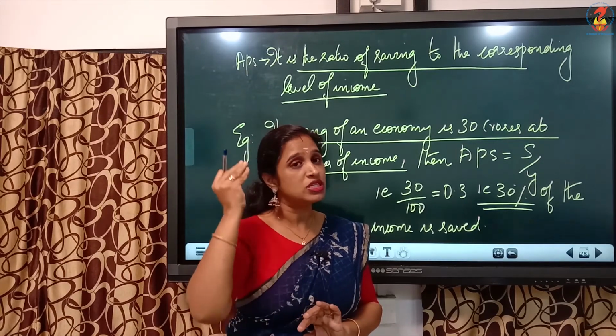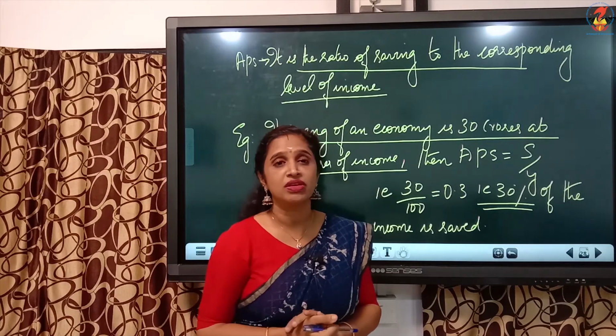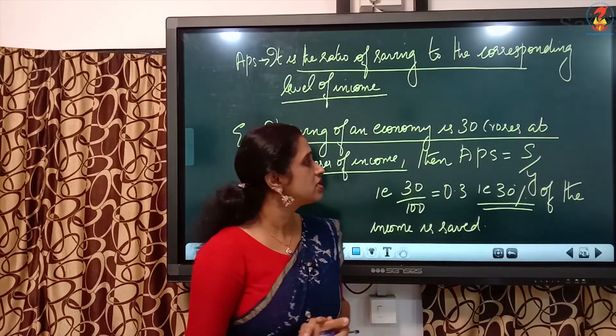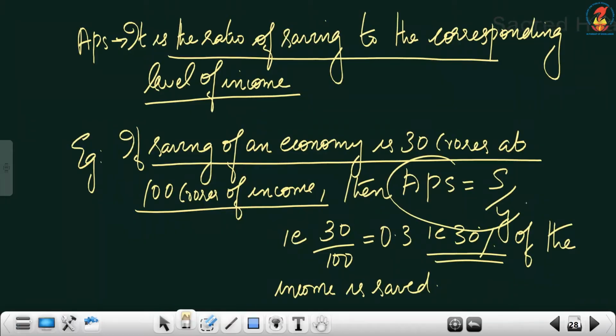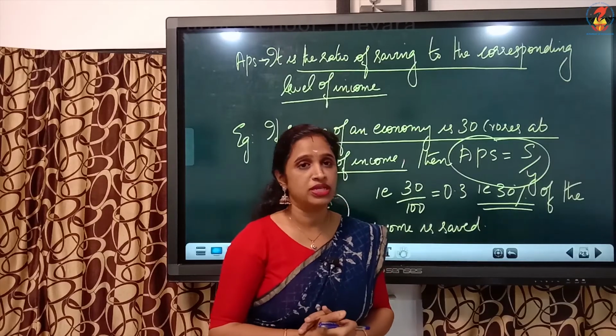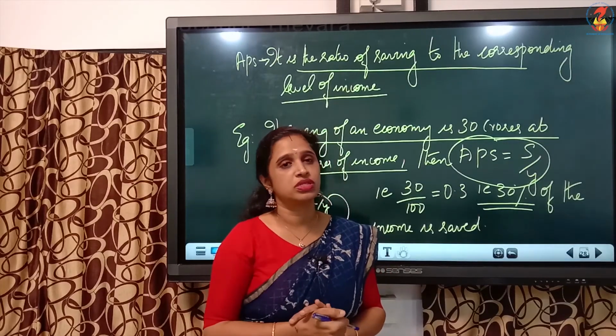So what is the level of saving in the economy relative to the level of income? To find out APS, we use the formula APS is equal to S by Y. Just as we have learned APC is equal to C by Y, APS is equal to S by Y. So the total income level of the economy is 100 and 30 crores is saving.